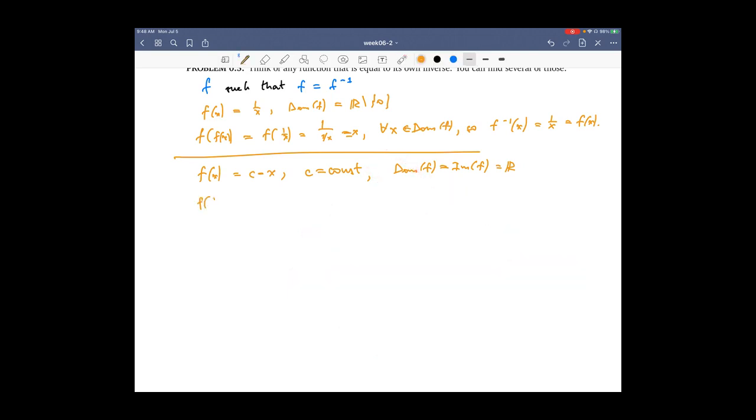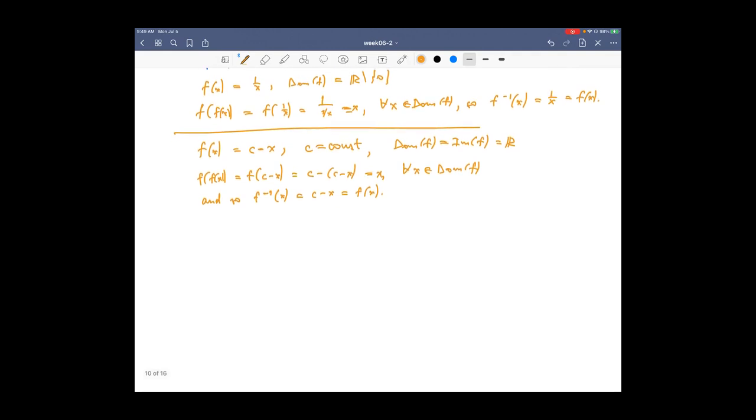If you compute f of f of x, of course you get x. And so f inverse is also c minus x. Think if you can find other examples of this kind, other examples of functions that are equal to their own inverses.